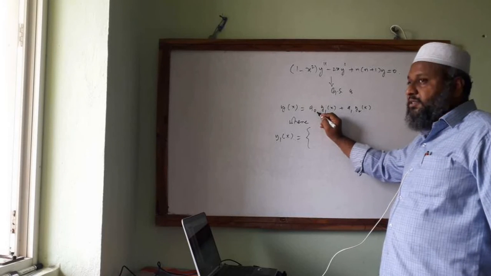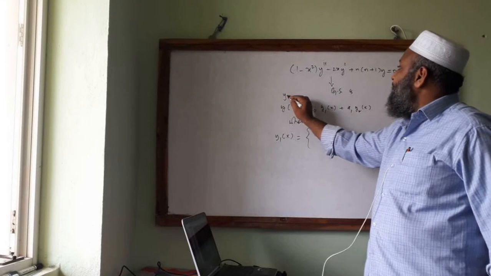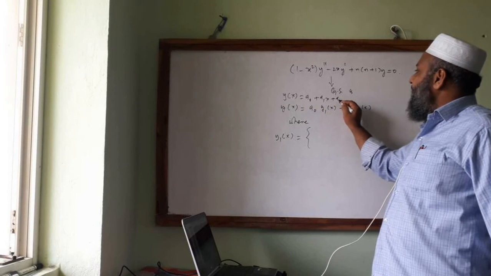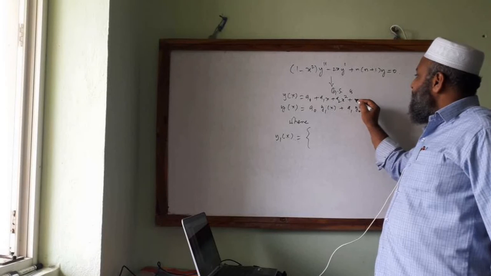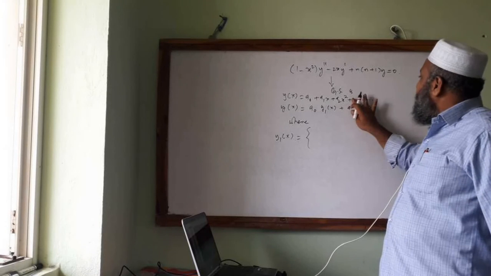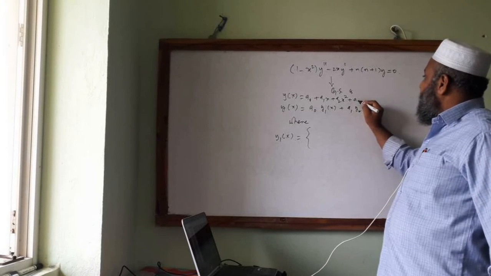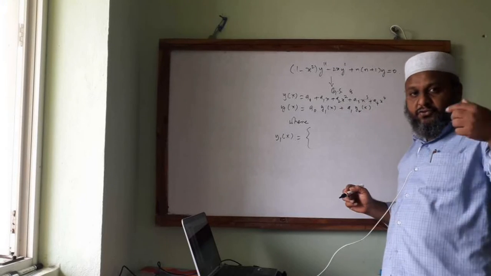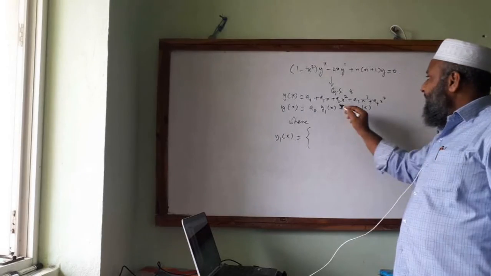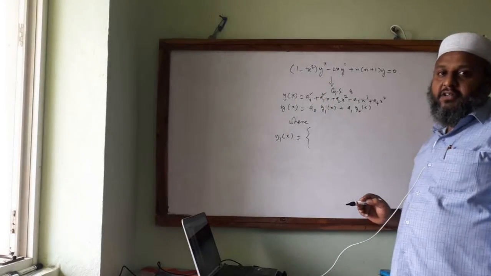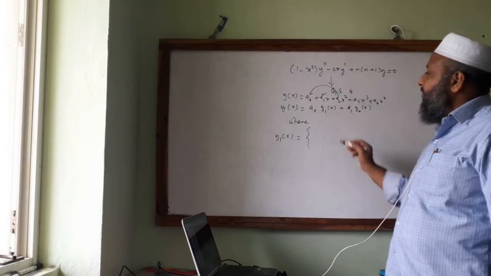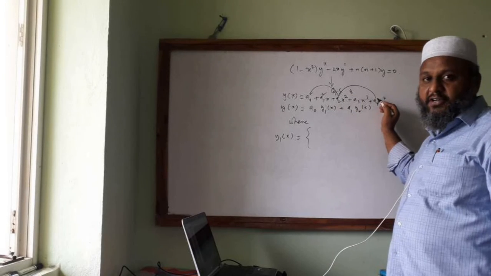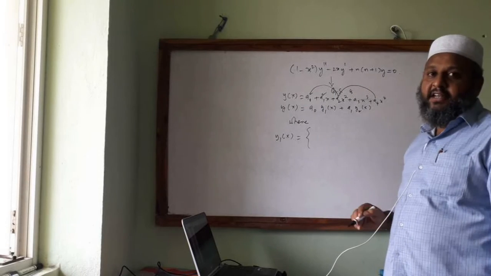Our assumption was y of x is equal to a0 plus a1x plus a2x square plus so on, or better I'll write two more terms, a3x cube plus a4x to the power of 4. It was shown in the earlier lecture that a0 and a1 are arbitrary constants. a2 depends on a0, a4 depends on a2, a6 depends on a4, and thereby finally depends on a0.